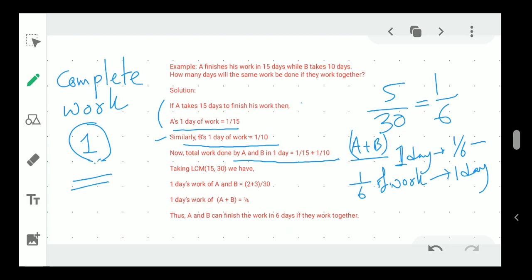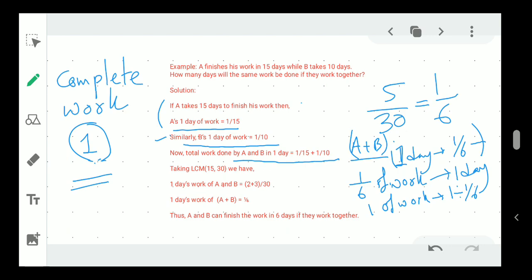I have just written the same sentence, but I have flipped it. So in 1 day A and B both have done 1 by 6th of a work. That means 1 by 6th of a work is being done in 1 day. So 1 work will be done in 1 divided by 1 by 6 days.